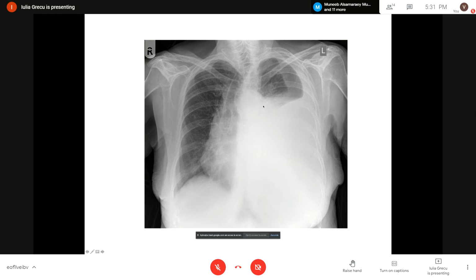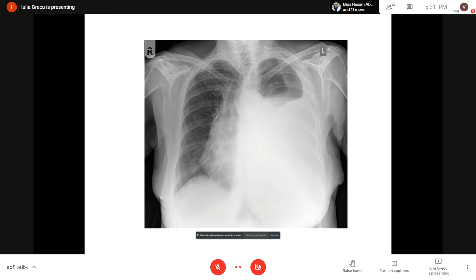Also, there is a bit of difference between the intercostal spaces between the ribs. Here on the left side, where there is a lot of fluid in the pleura, these spaces are a bit larger compared to the ones on the right side. So keep in mind, it's something that you have to describe when you see this kind of pleural effusion.